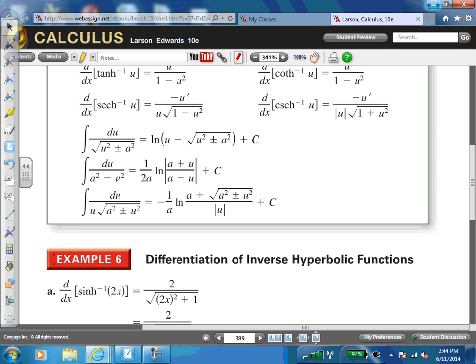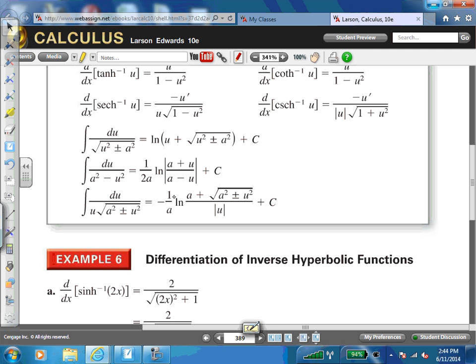We had a du over u times the square root of u squared minus a squared. Here we have an a squared minus u squared, or it could be a squared plus u squared. We had a du over the square root of a squared minus u squared. Here we have u squared minus a squared. So they're flip-flopped. So in evaluating, what formula am I going to use?